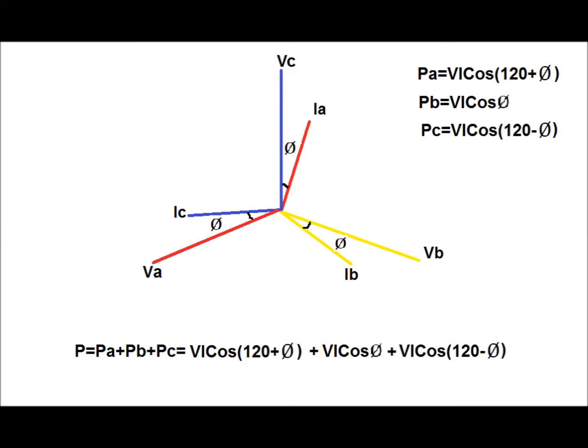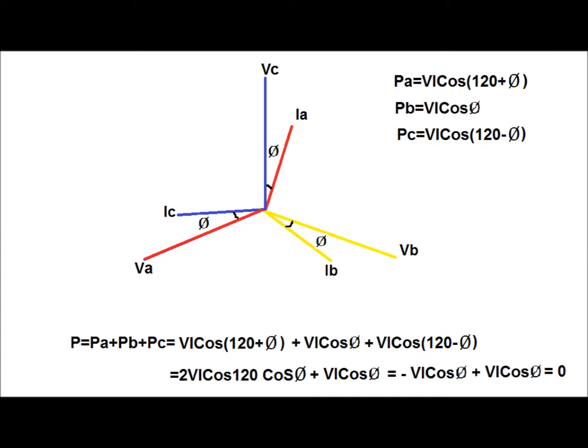Now, if I sum up the first and third terms, using cosine A plus cosine B equal to 2 into cosine of (A plus B) by 2 into cosine of (A minus B) by 2, it comes as 2 into VI cosine of 120 degrees into cosine phi, plus VI cos phi, that is equal to minus VI cos phi, as cos 120 degrees is equal to minus half, and for the yellow phase it was VI cos phi, that is minus VI cos phi plus VI cos phi, which is equal to 0.